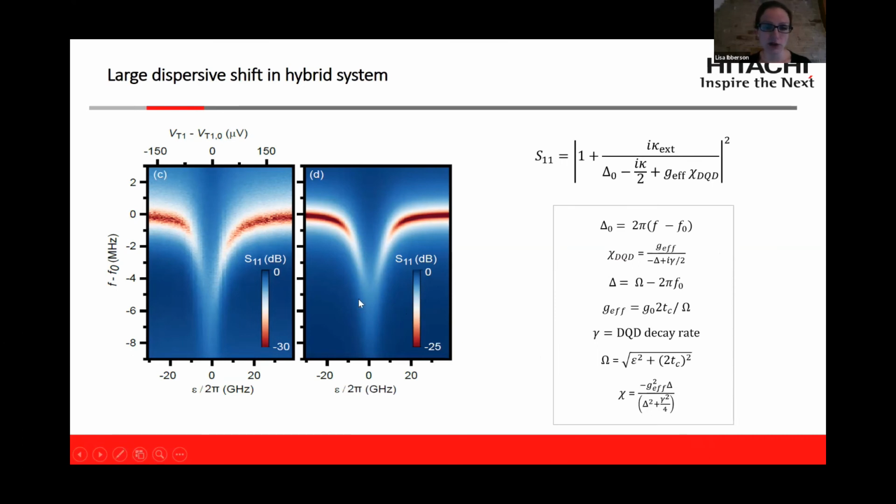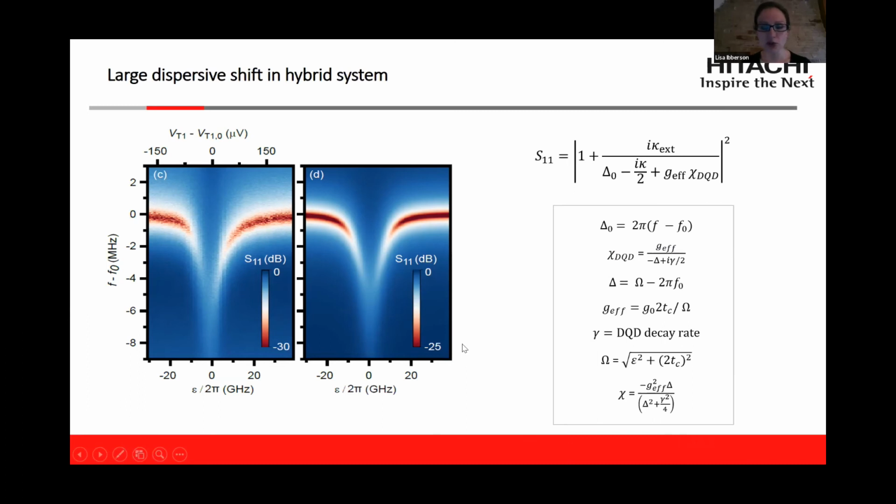And in addition, the theoretical results simulate the increase in the line width of the resonator as we move across the ICT. And we attribute this increase in line width to the resonator's interaction with a fairly lossy quantum system.